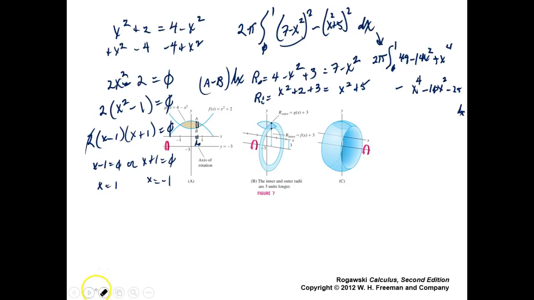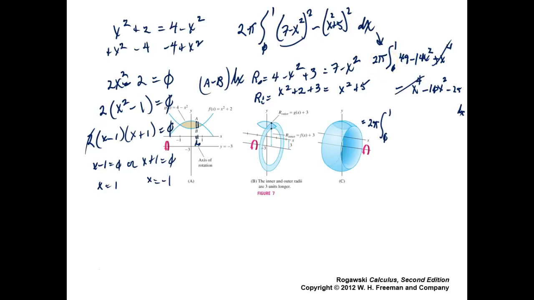Now, from that, you see you have a plus x to the fourth minus x to the fourth. Thank you very much. They go away. Okay? And what does that leave you with? Let's write the integral down here. Is equal to 2 pi times the integral from 0 to 1, 49 minus 25.